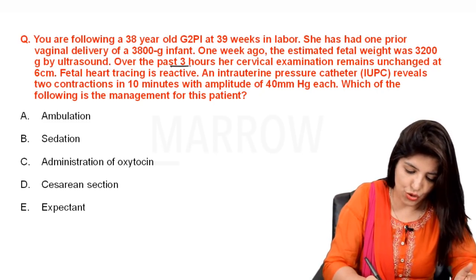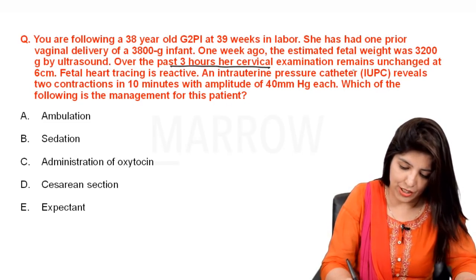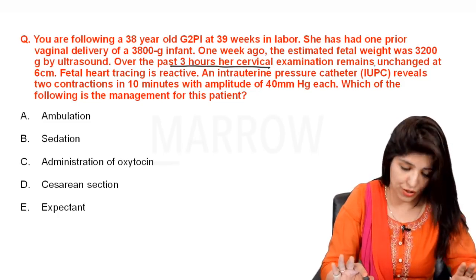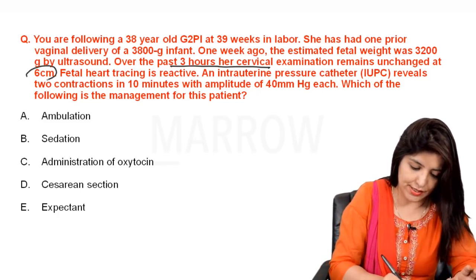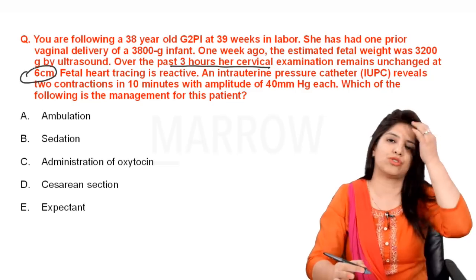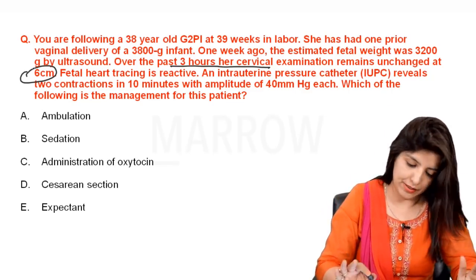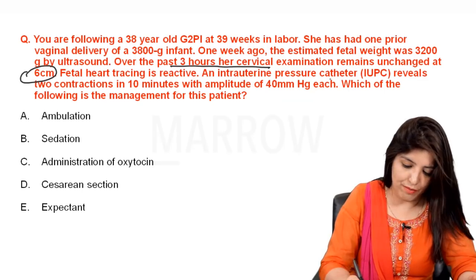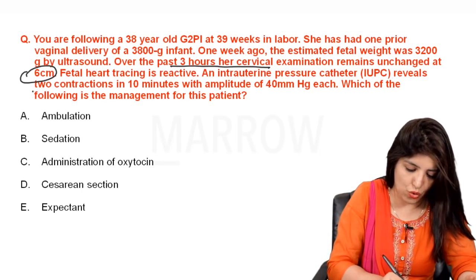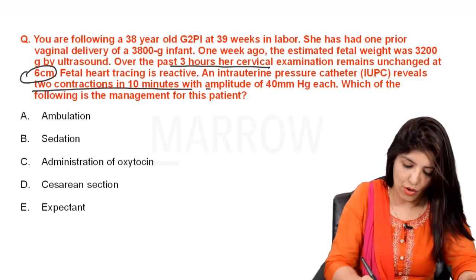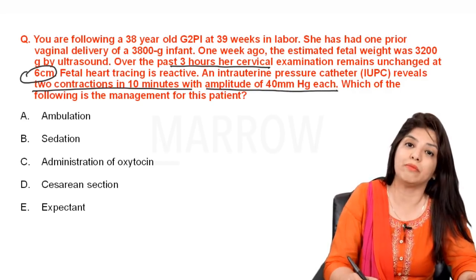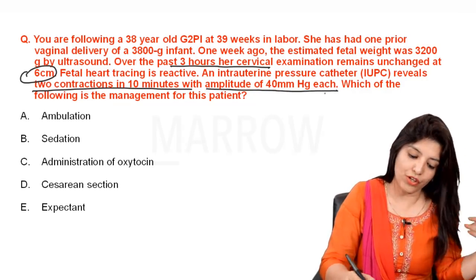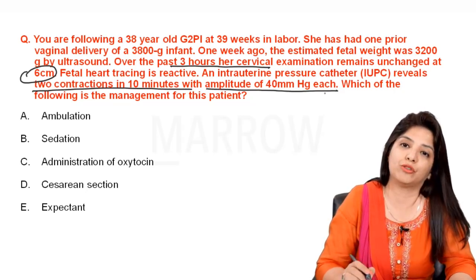Over the past 3 hours, her cervical dilatation has remained unchanged, that is, she is 6 centimeters dilated and just now also she is 6 centimeters dilated. Fetal heart rate tracing is reactive. An intrauterine pressure catheter reveals 2 contractions in 10 minutes with amplitude of 40 millimeters each. Which of the following is the management of this patient?